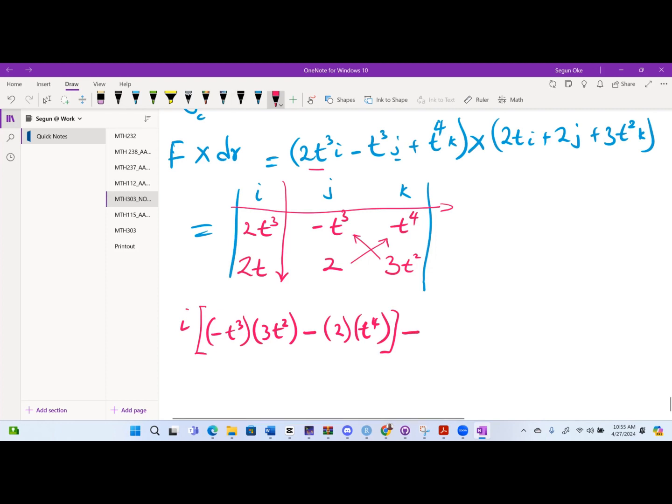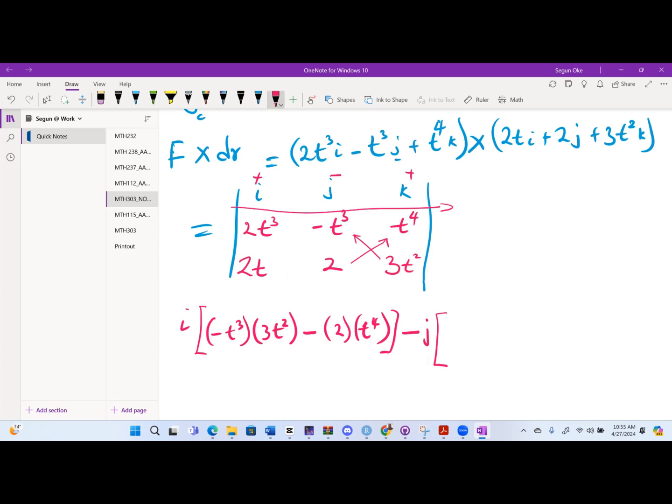Let's look at j. But don't forget on your matrix, plus, minus, plus. That is the sign. That's the rule of determinants that will guide us. So we have, in this case, minus j. We are dealing with j. Let's remove this one.